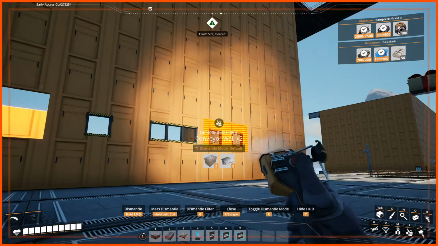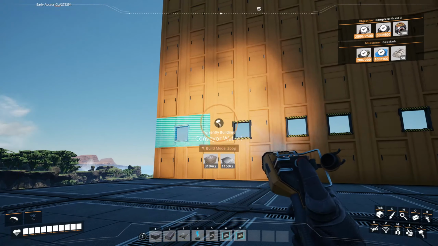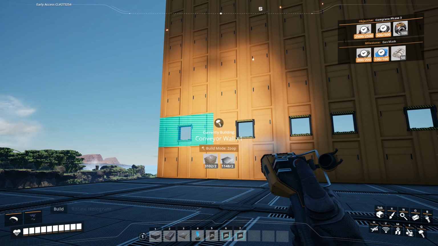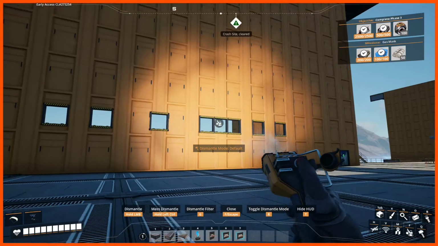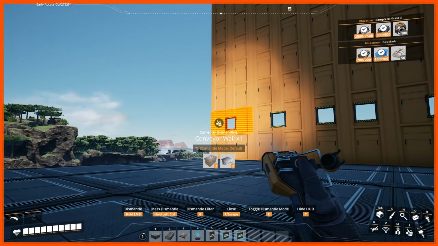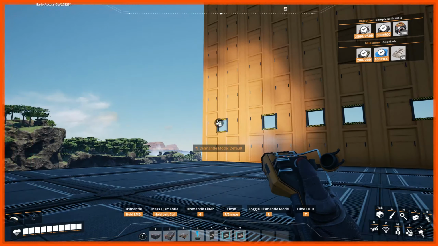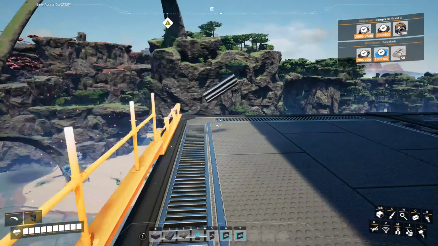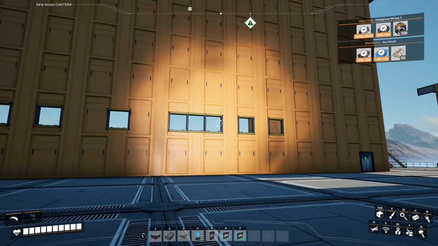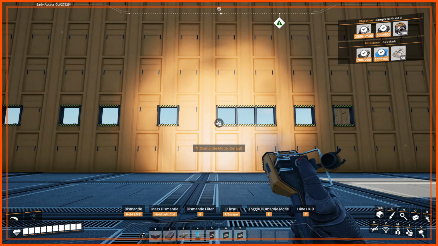And then this output has 2 to return canisters. And then output. Input. No, that's output, yeah. So 2 canister returns and an overflow of packaged fuel.